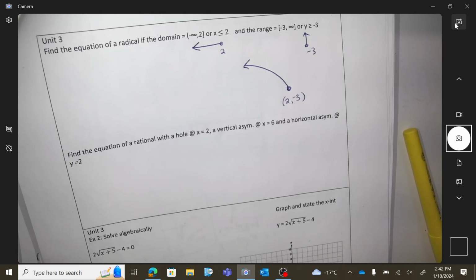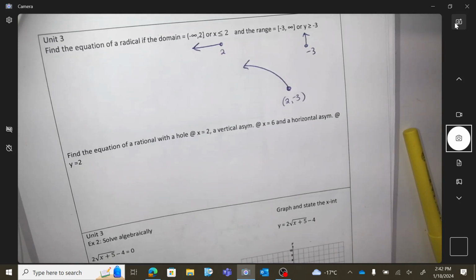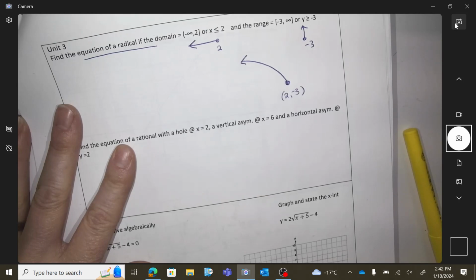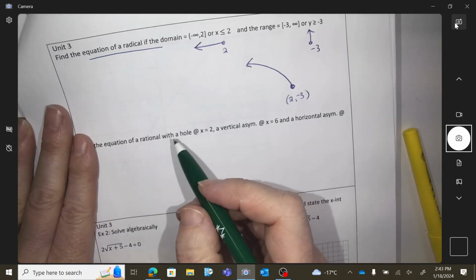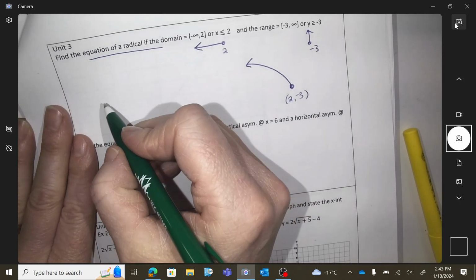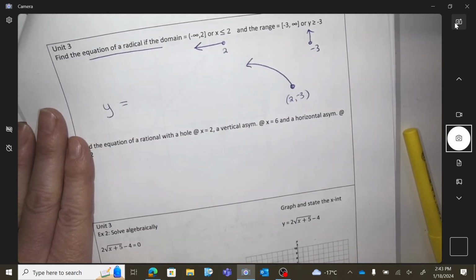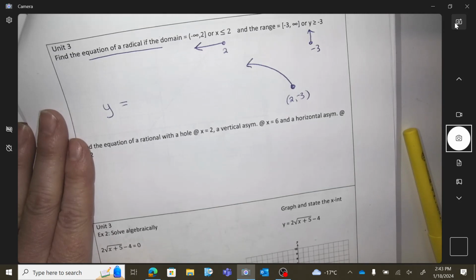So there's my radical. I'm heading left and up according to what they gave me. So I need to do an equation of a radical. Okay? How many of you on an exam are going to forget to put an equation with something like a y equals or an f of x equals or whatever you need to do? Don't forget.